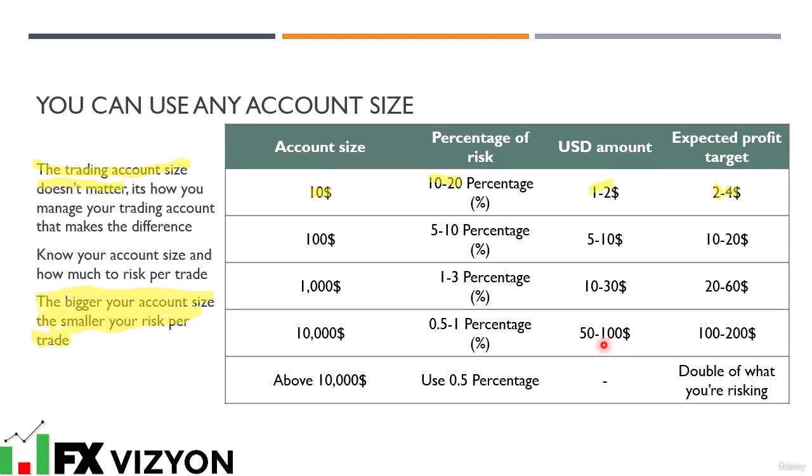You can see right here that for a $100 account size, the expected profit is higher than that of the $10 account, and the expected profit for the $1,000 account is also higher than that of the $100 account, and the expected profit for the $10,000 account is higher than that of the $1,000 account.